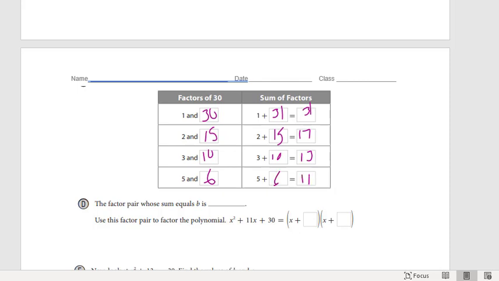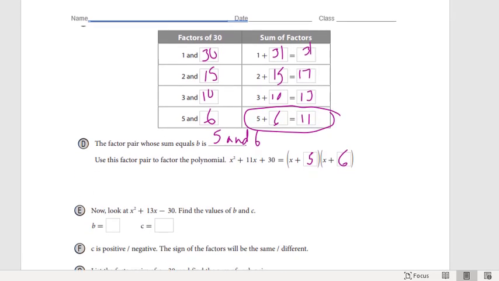So the pair that adds up to 11 is 5 and 6. Now we know that they're both positive because they have to add up to positive 11. So we're going to put that in here, x plus 5, x plus 6.